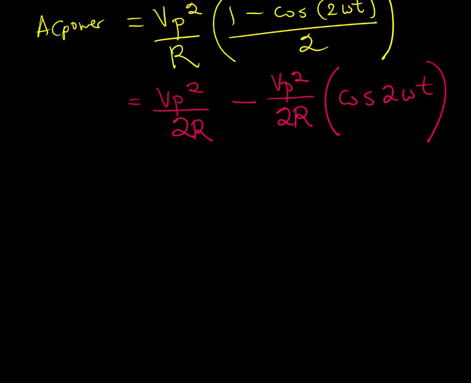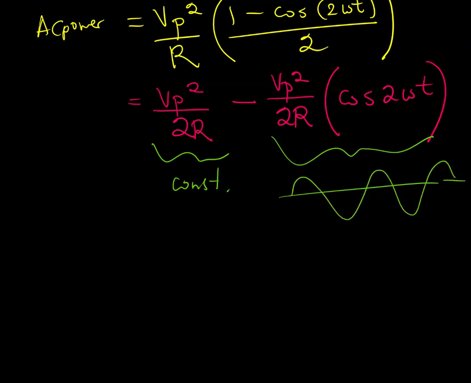So you can see that there are two parts to this AC power. This part is a constant, and this part is a cosine wave. It's doing something like this.